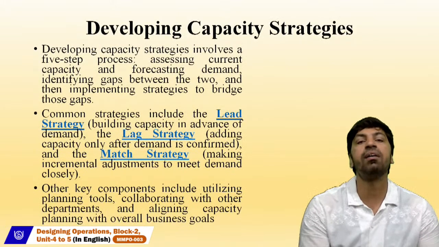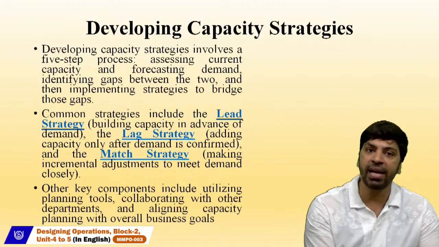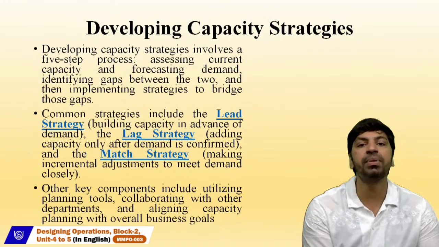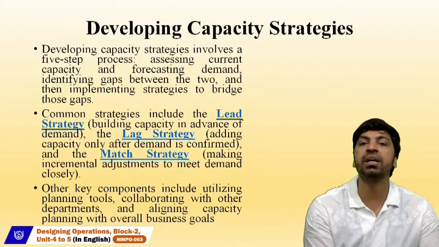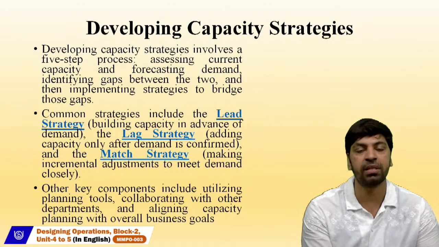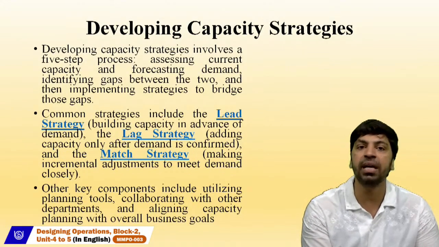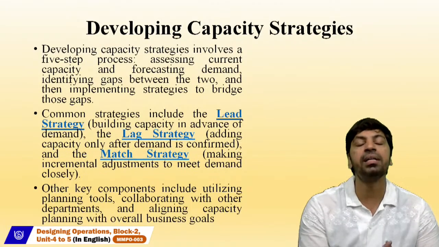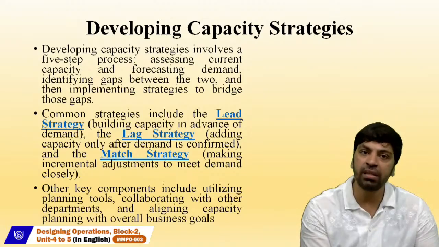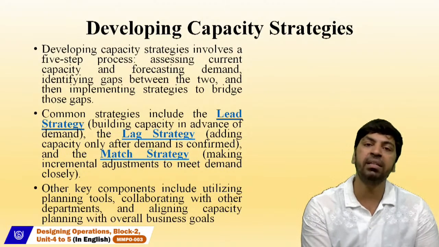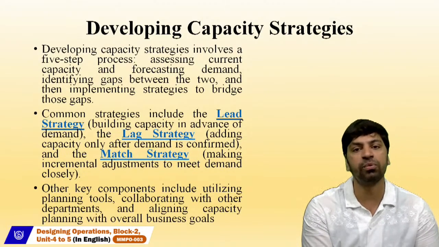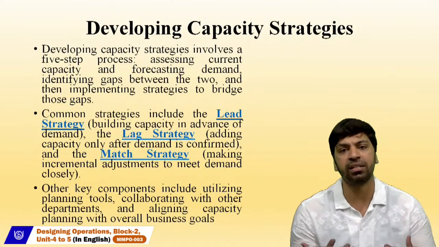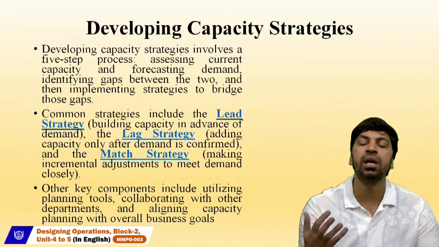Next is developing the capacity strategies. Developing capacity strategies refers to a 5-step process. It could be assess the current capacity, forecast demand, identify the gaps between the two, and then implement the strategies to bridge those gaps. There are various strategies which I've already mentioned earlier as well.